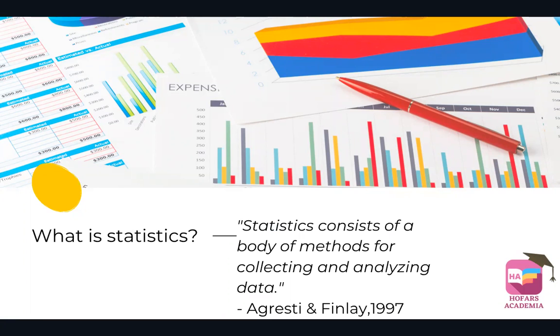As Agresti and Finlay mentioned in 1997, statistics consists of a body of methods for collecting and analyzing data. Statistics is more than tabulation or computation of numbers and graphical representation of these tabulated numbers. It involves analysis and interpretation of such numbers and giving logical meaning to that data.